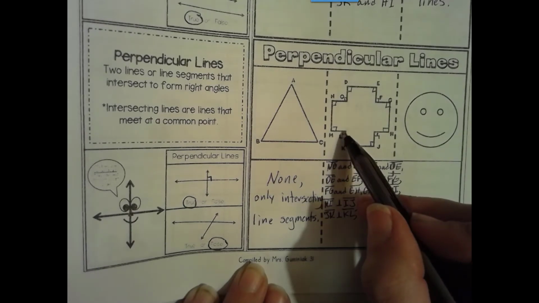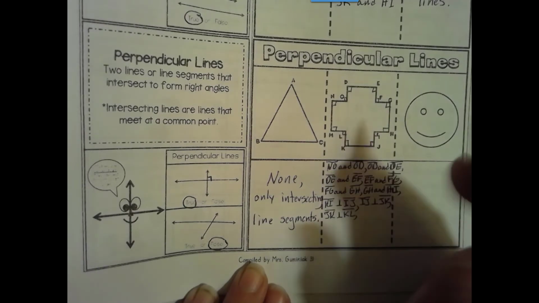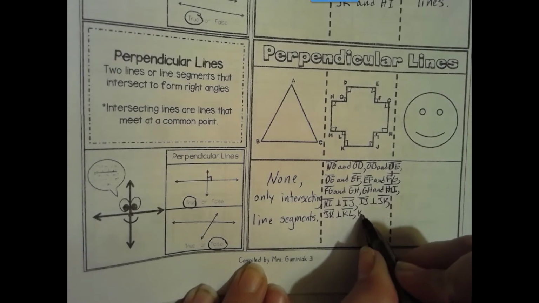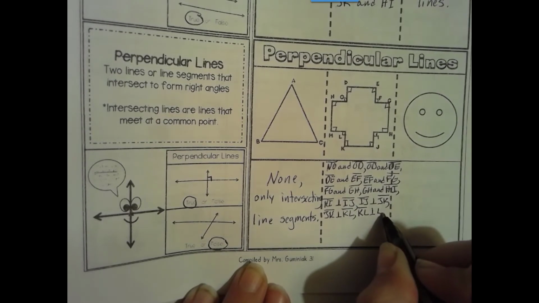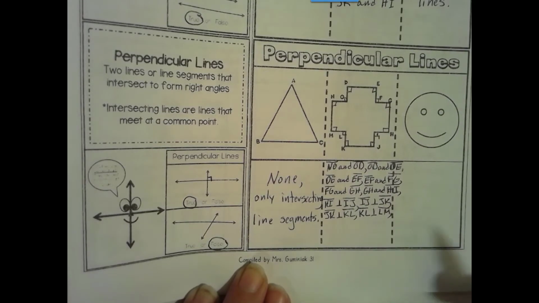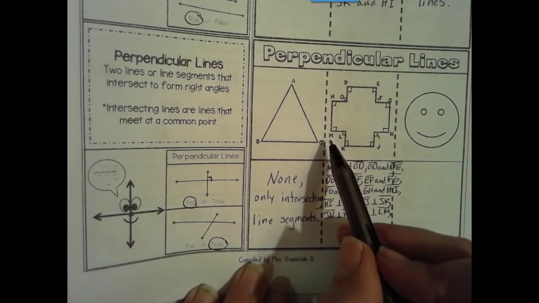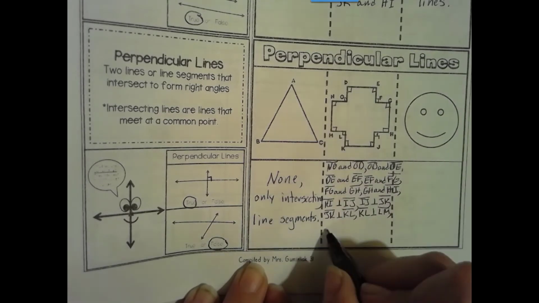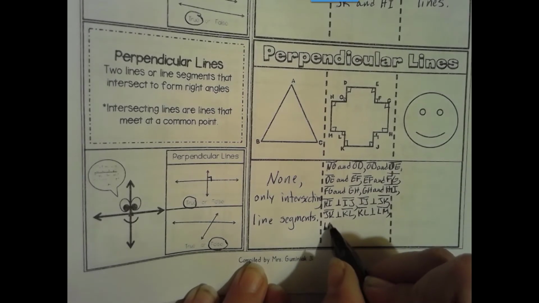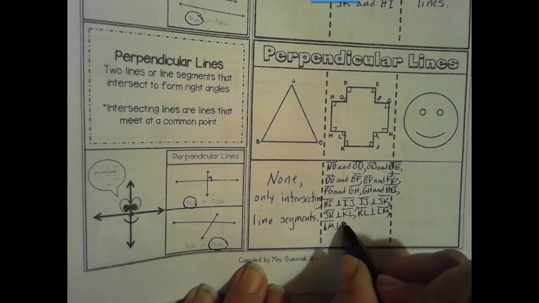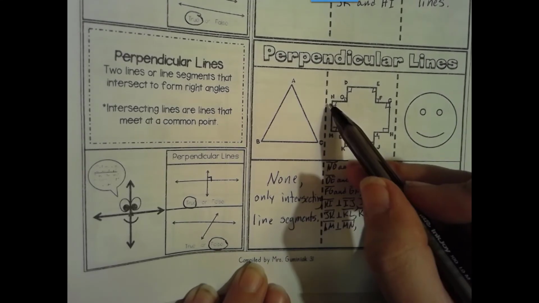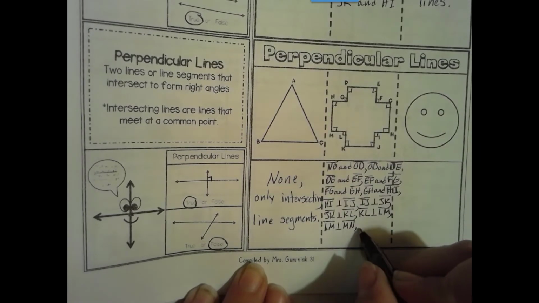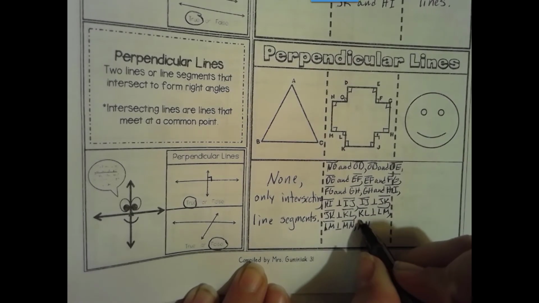KL is perpendicular to LM. LM is perpendicular to MN. And finally, MN is perpendicular to NO, and we're back where we started.